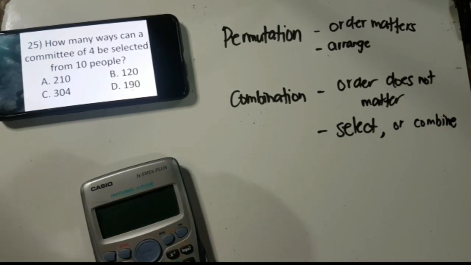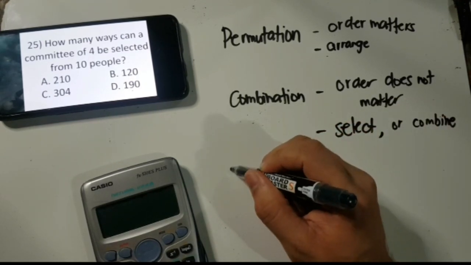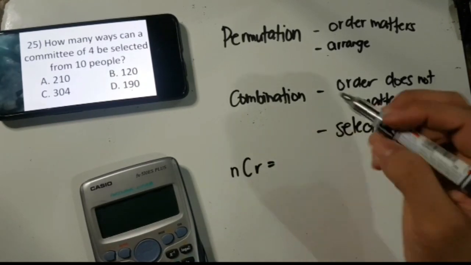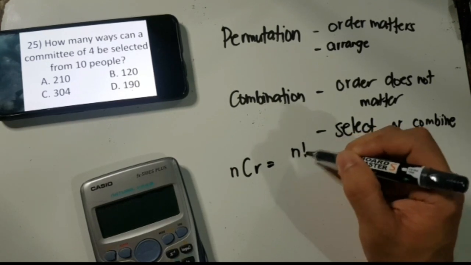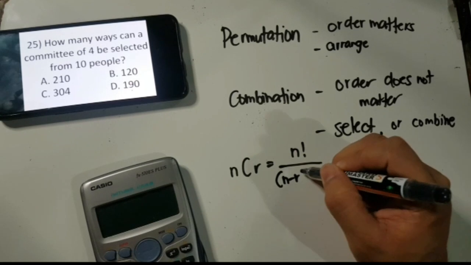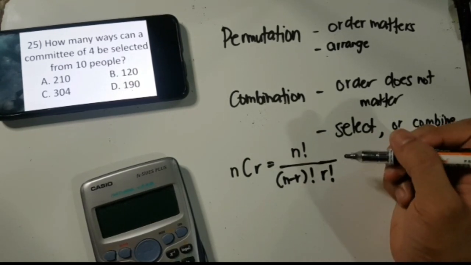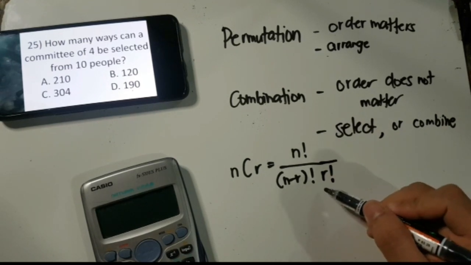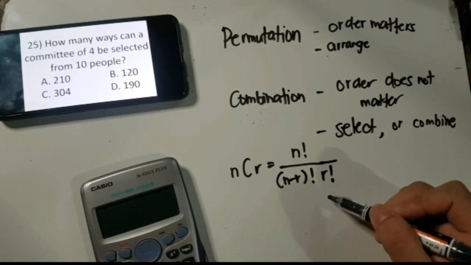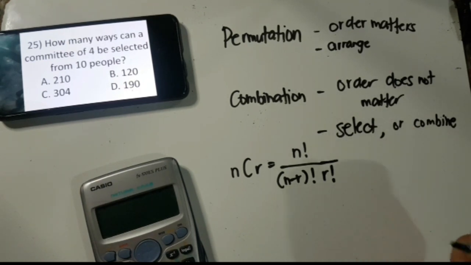Okay, for this type of question, so we are asked to select. So, gamitin natin yung formula for combination. So, nCr is equal to n factorial, n is the total number of objects, divided by n minus r factorial times r factorial, wherein r is a number of choosing objects in a given certain number of objects.